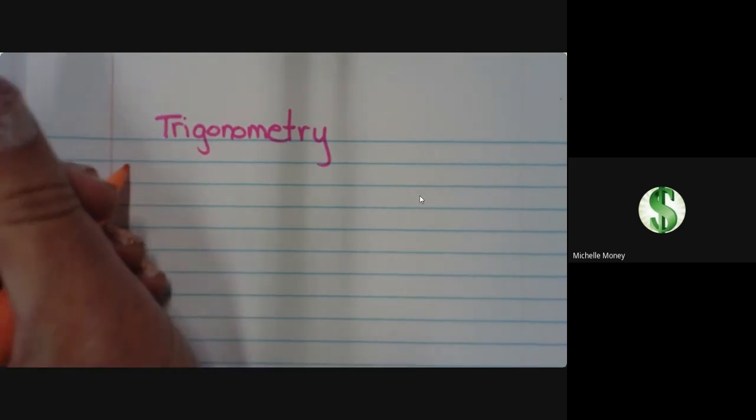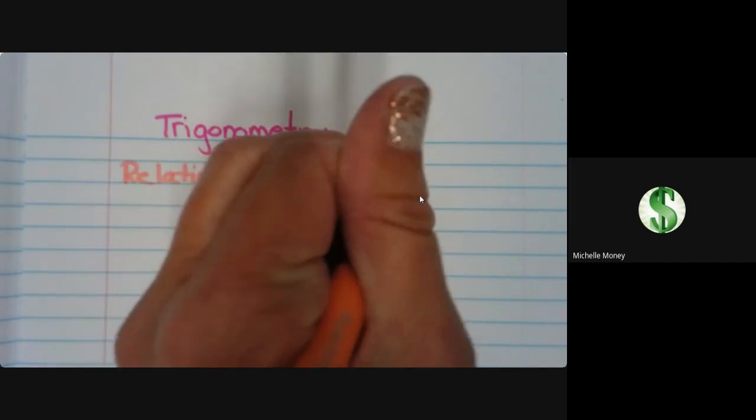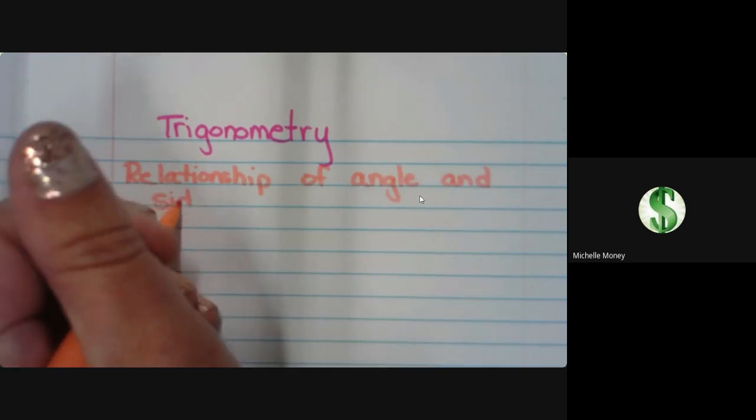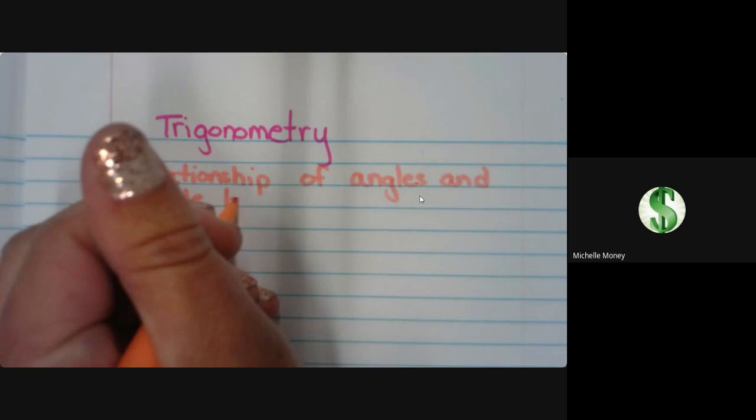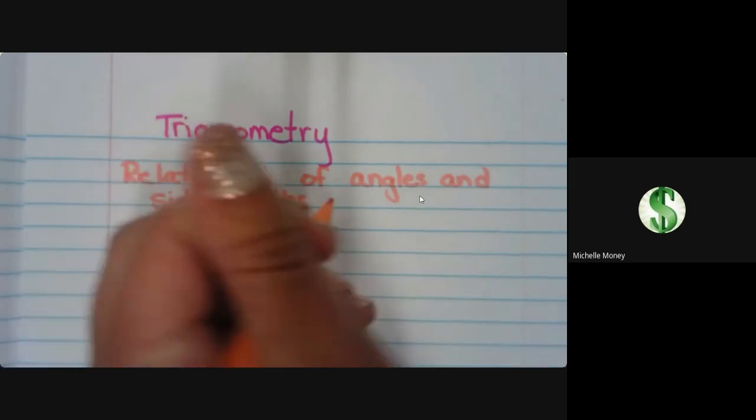All right. So some of you did the extra credit, so you might already know what we're talking about for trigonometry. But basically what it is, it's going to be the relationship of angles and side lengths, let's say, of a right triangle.